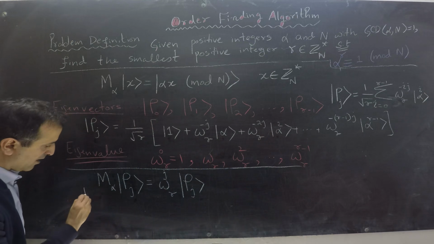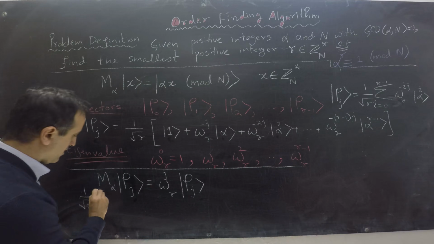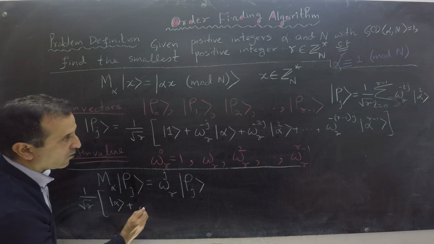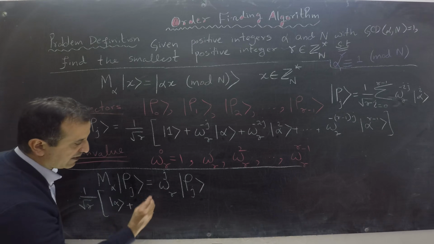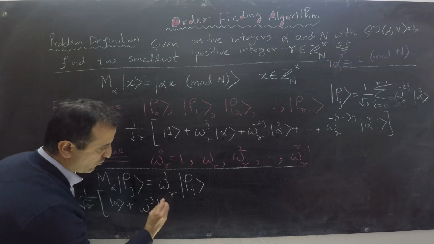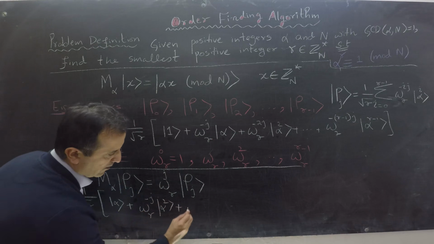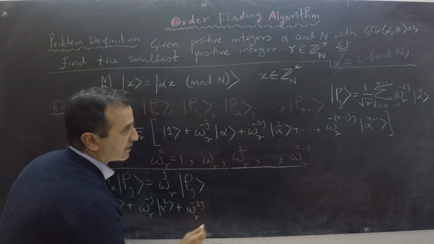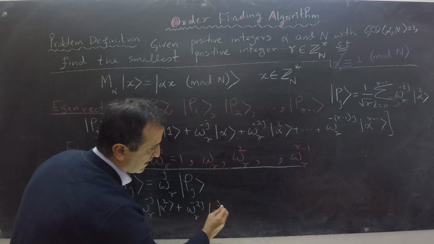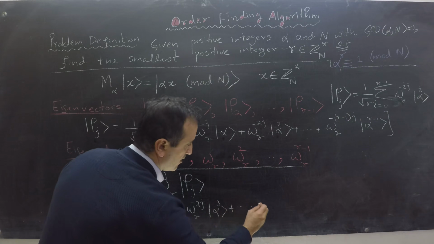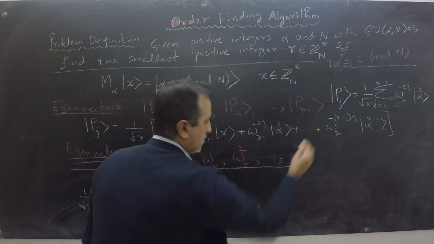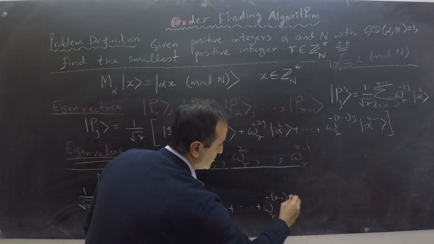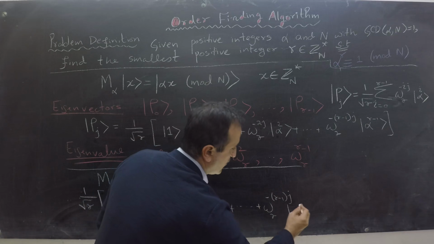So I will get 1 over square root of r times alpha plus omega r raised to power minus j times alpha square plus omega r raised to power minus 2j times alpha cube plus, and the last entry of my eigenvector will become omega r raised to power minus (r minus 1) j times alpha raised to power r.